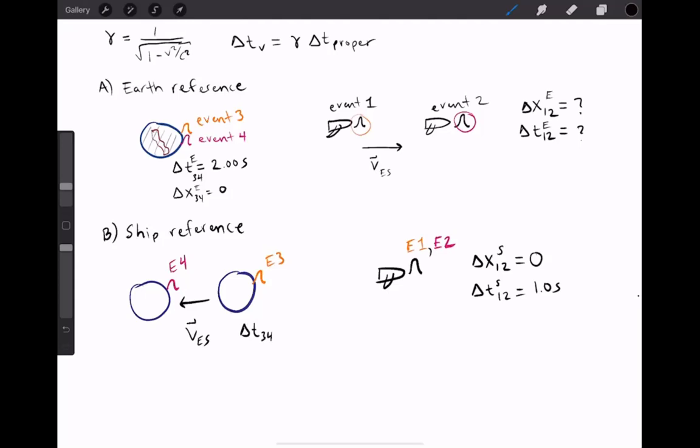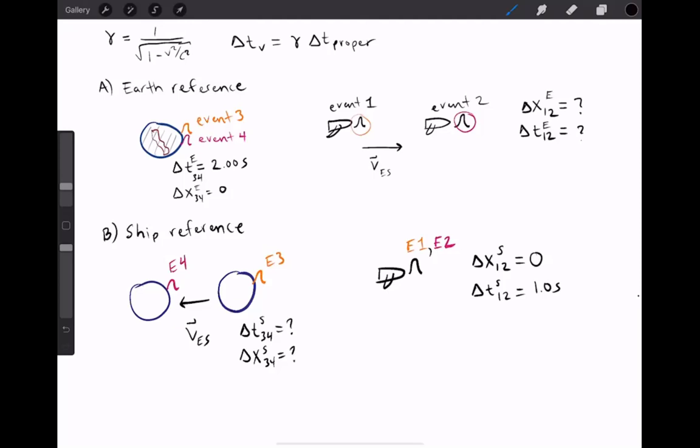We don't know that. And do I know the space interval between event 3 and 4, John? I don't know. No, that one you don't know either.